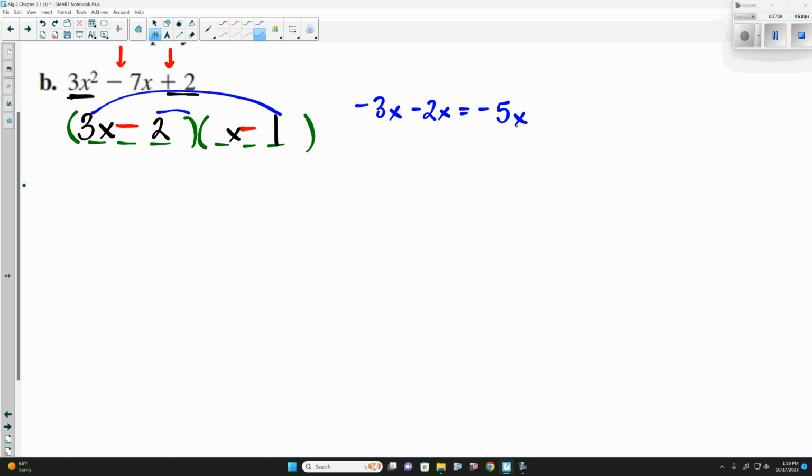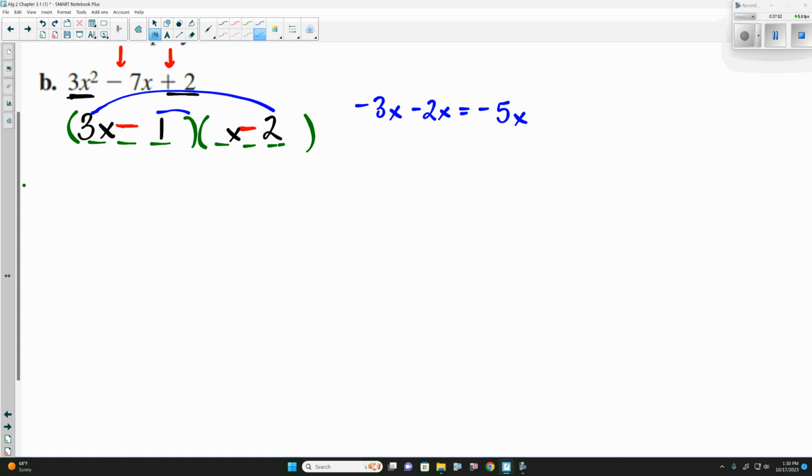Is that the middle term we wanted? No, it is the correct sign, but the wrong number. So we need to switch something. Well, I'm going to switch the 1 and 2. You get this here, and we can try it again.